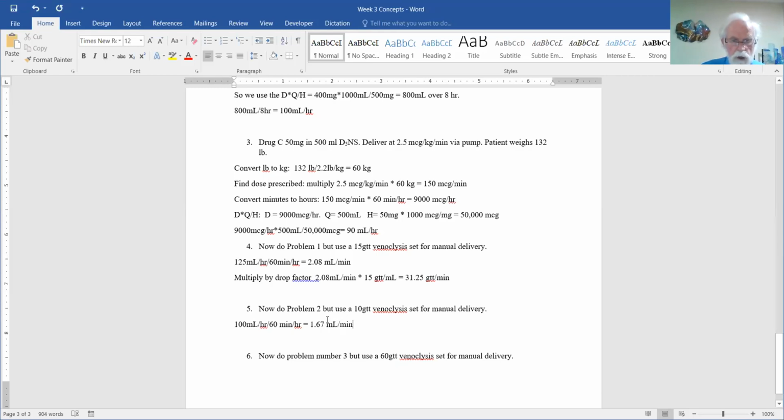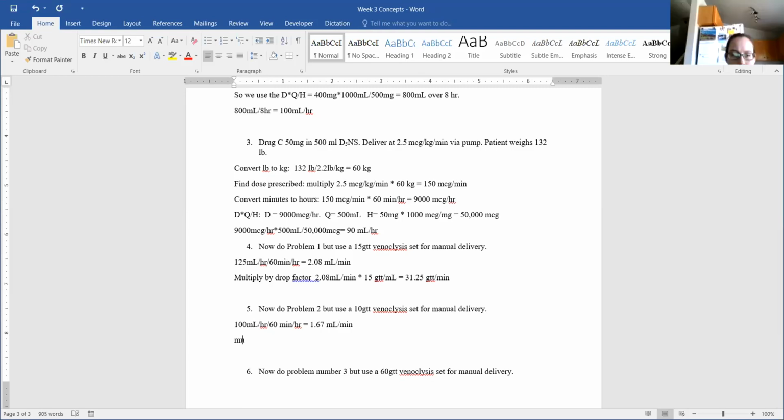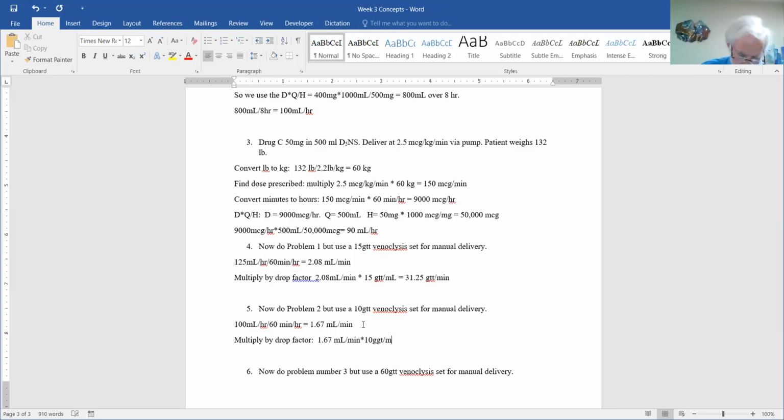So we get this, and now we multiply by the drop factor. So we get 1.67 milliliters per minute times 10 drops per milliliter.